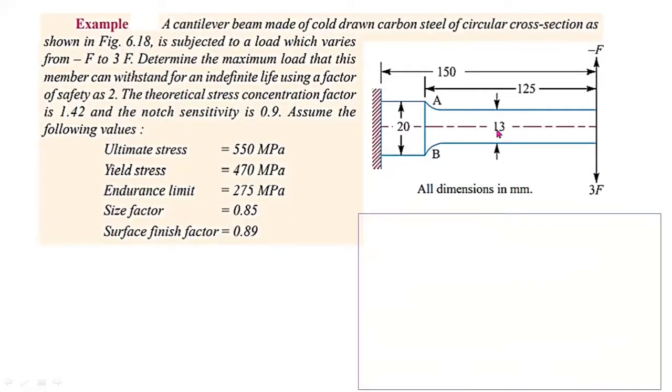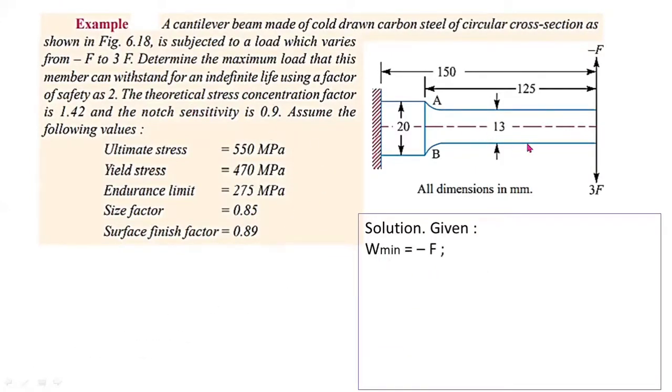From the previous lectures, already we know that stress may vary due to the decrease or increase in sizes. That's why more stress will concentrate at point A, B. From the given question, first you have to identify the given data.